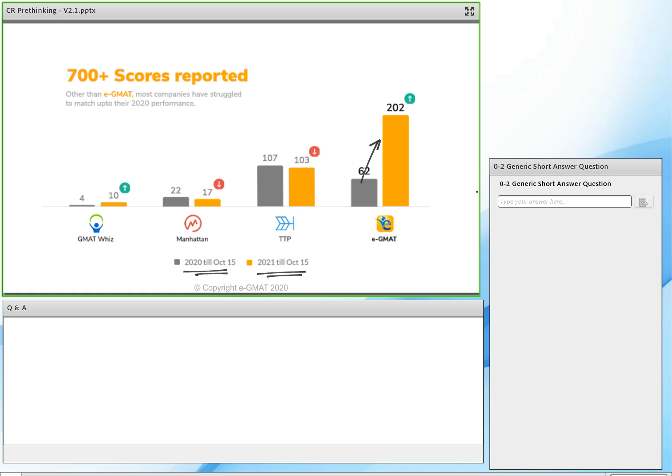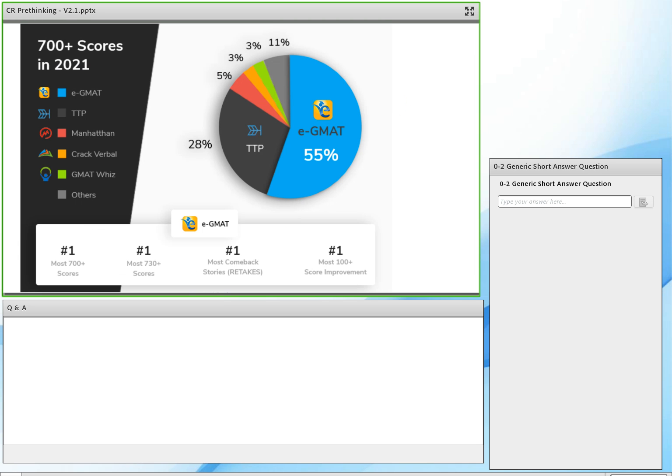And again, the reason for that is these investments in what I call AI and analytics that have allowed us to help more and more students go to those higher GMAT scores. And again, this is comparative performance. In fact, because of this, we've accounted for more than 50% of all 700 plus scores reported.